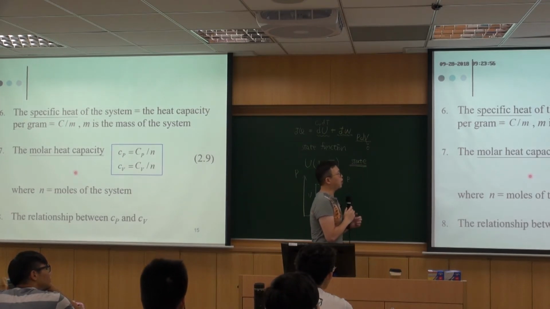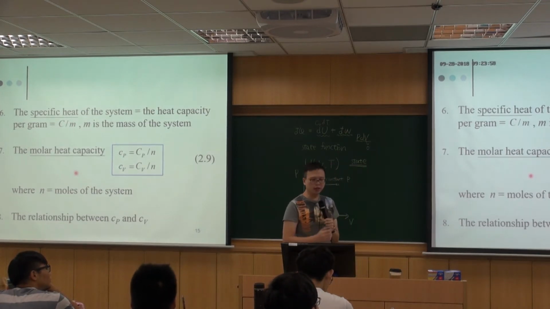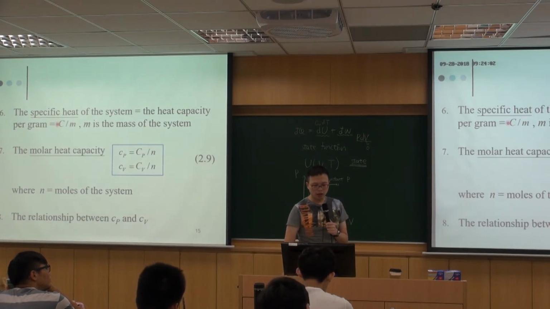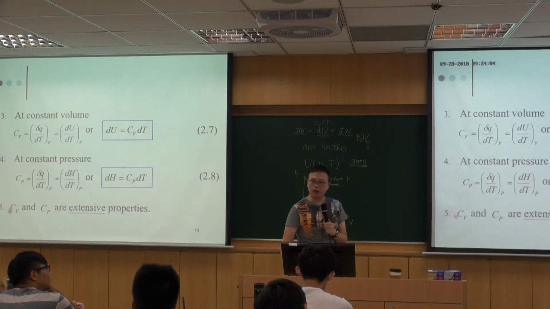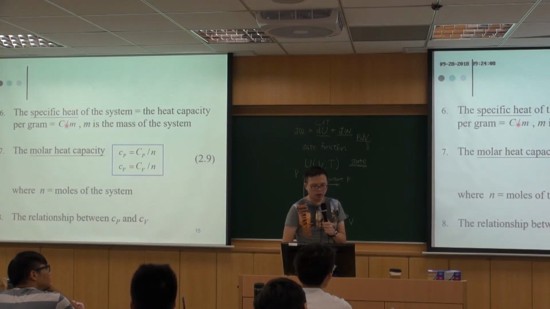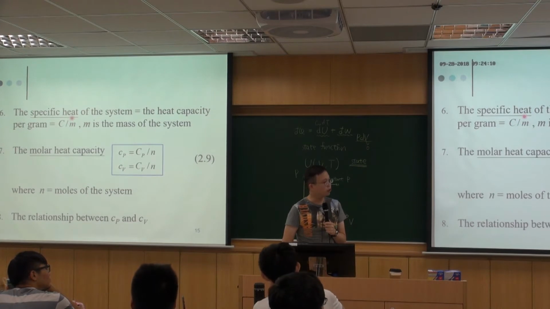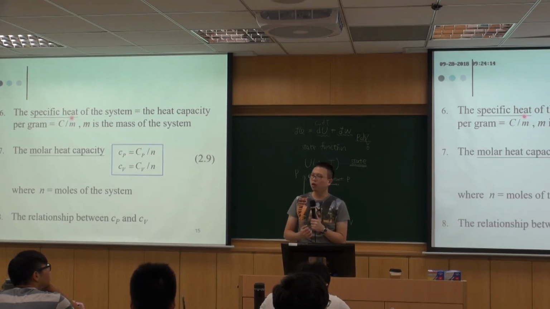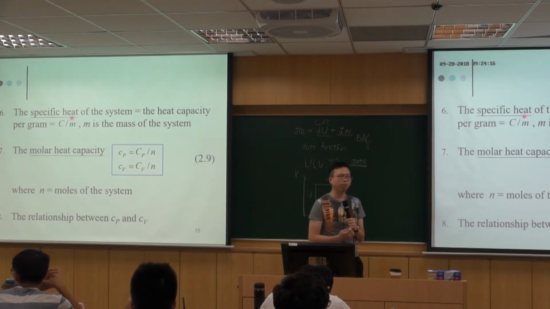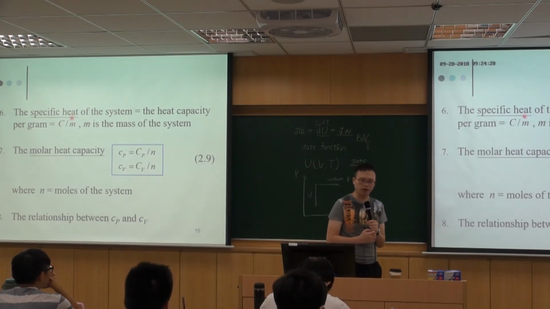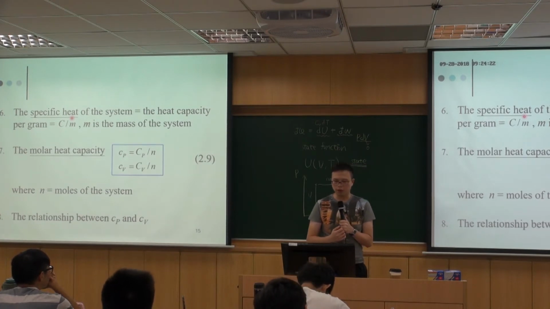And it is the heat capacity per gram, which means that we take the capital C, either Cv or Cp, and then we divide that with the mass of the system. So now we get rid of the contribution from the size. And now this quantity is independent of the size of the system.